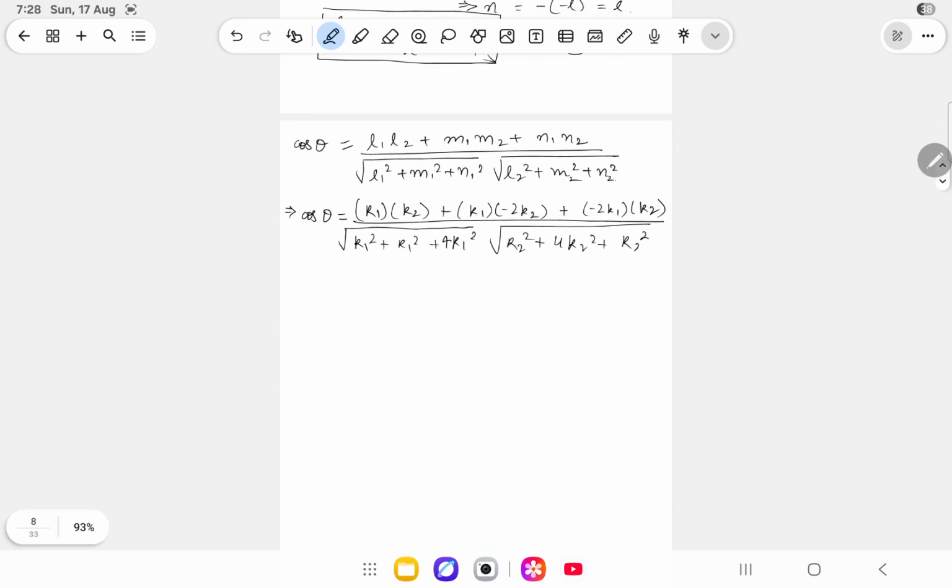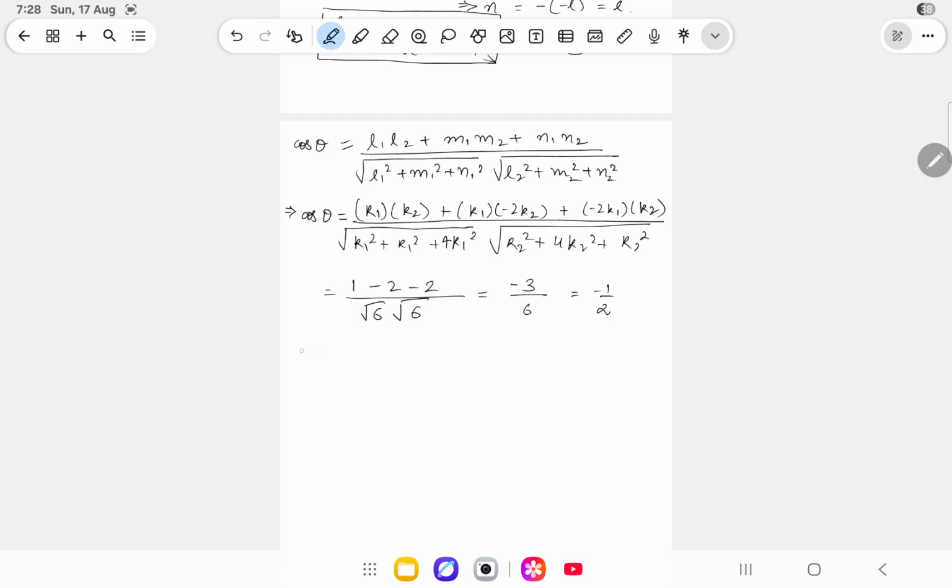On simplifying, I'll get 1 minus 2 upon 4, 5, 6 under root 6 and under root 6, which is equivalent to minus 3 upon 6, which equals minus 1 by 2.